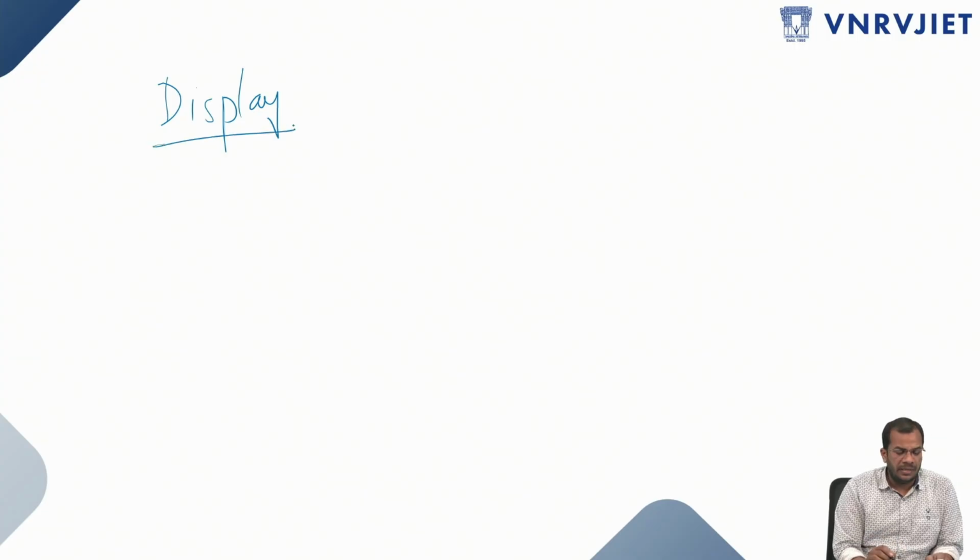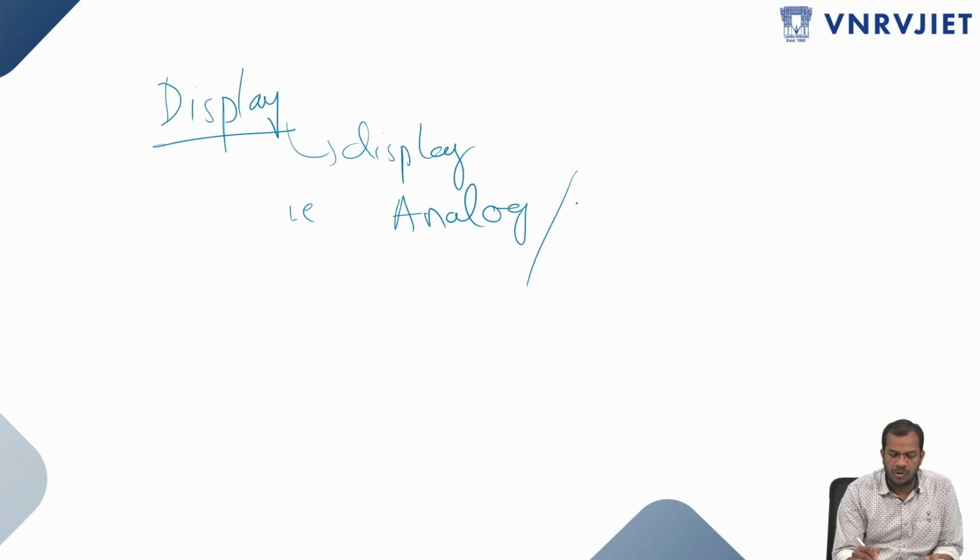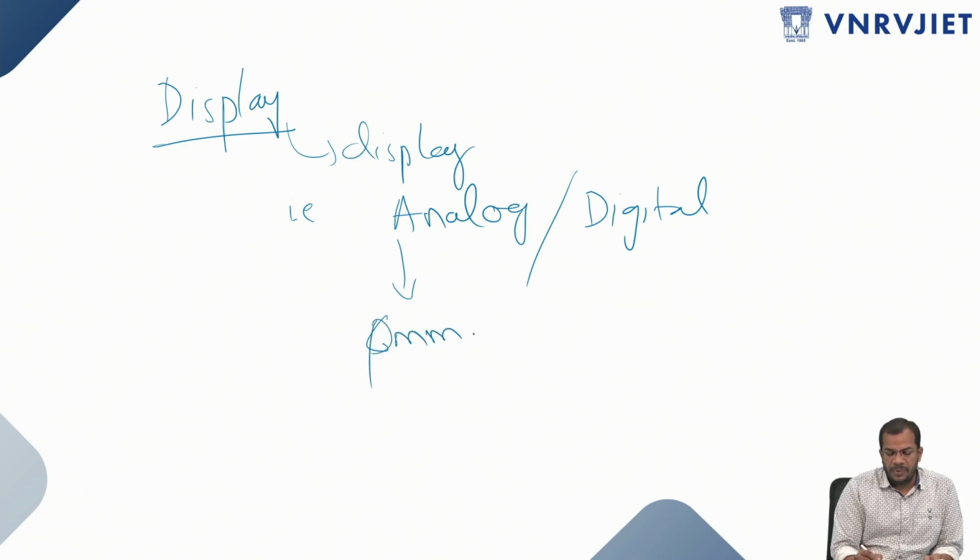So here the display can be used to display. It may be in the form of analog or it may be in the form of digital. If you're talking about analog, you have PMMC, permanent magnet moving coil meters.